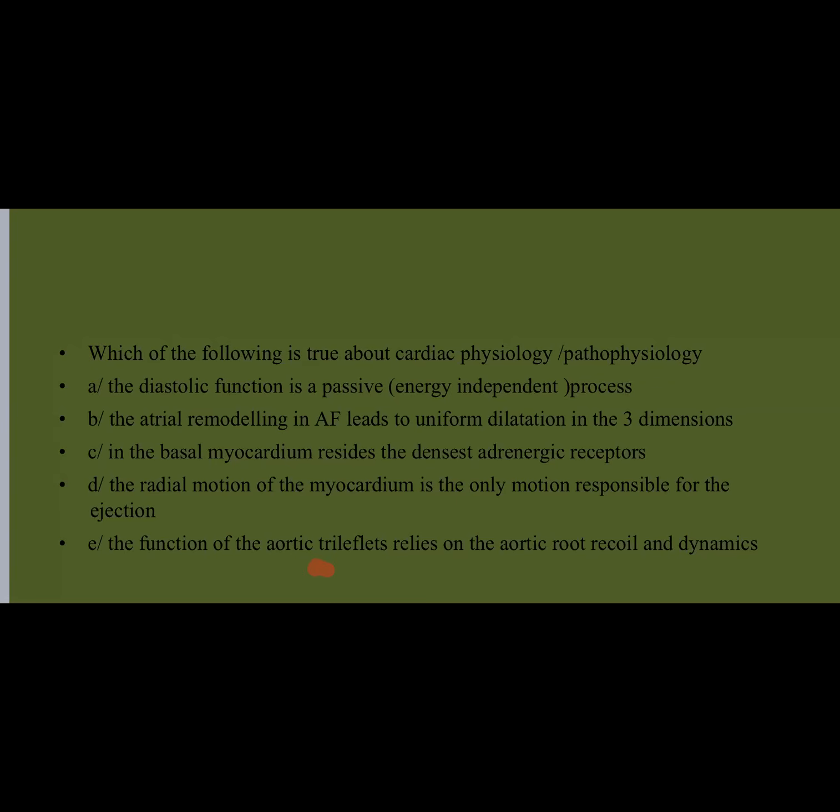It doesn't become uniform dilatation in 3D; there is remodeling in atrial fibrillation. Exactly. So what are the 3 dimensions we mean? Anteroposterior, mediolateral and inferosuperior. These are the 3 dimensions, right? When the left atrium gets large, commonsensically it should be large in the 3 dimensions equally. But they found that one dimension is restricted. Which dimension do you think that is?